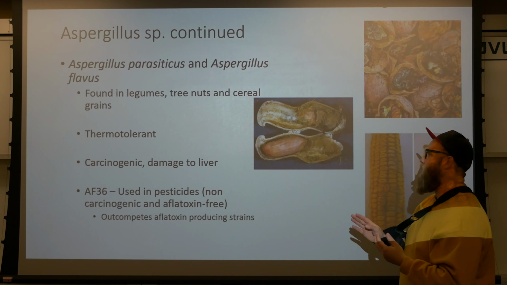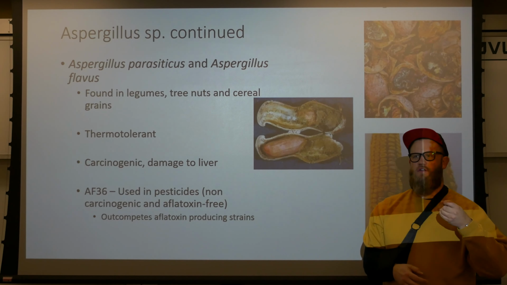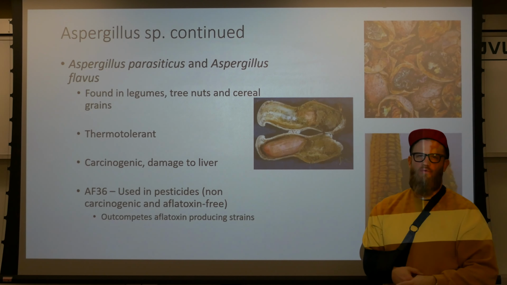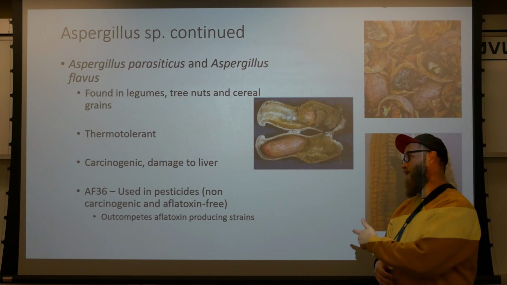Those are used to inoculate pecan seed and other things so that when they go to grow, these outcompete them. And this is a human health topic, sort of out of place in this food science, but I am talking about this genus.